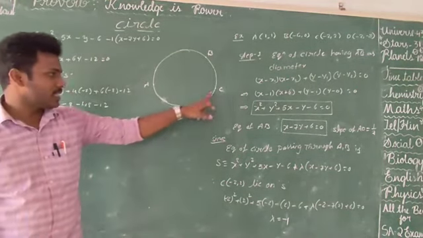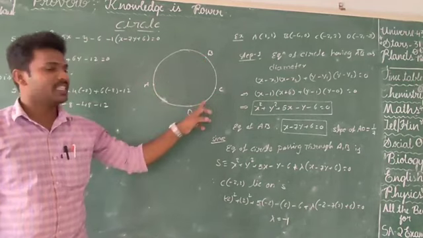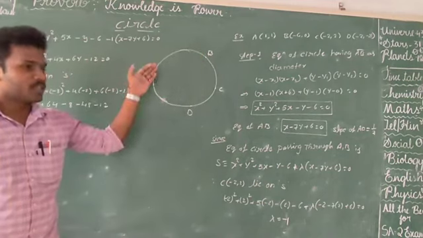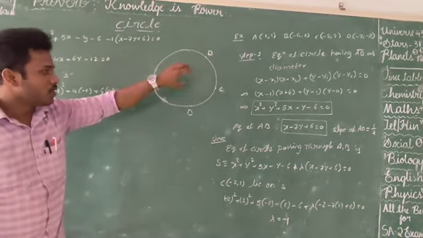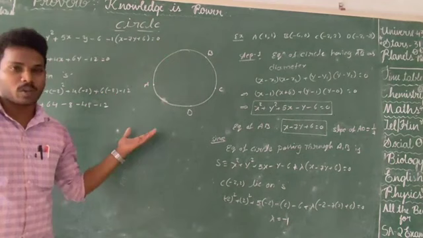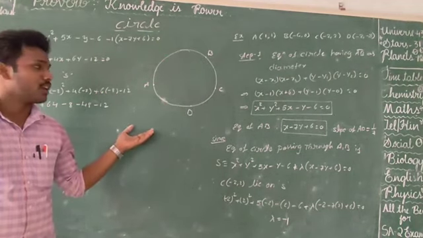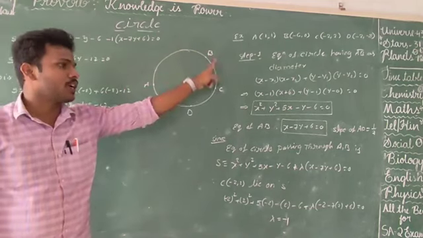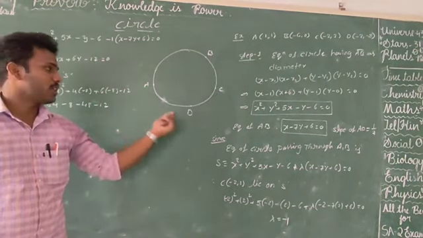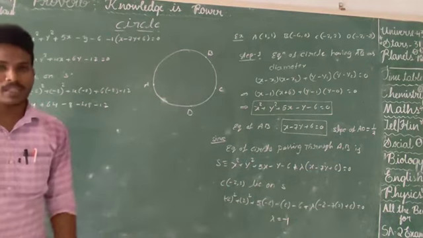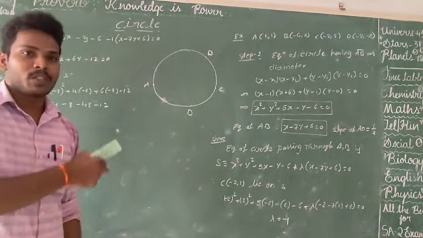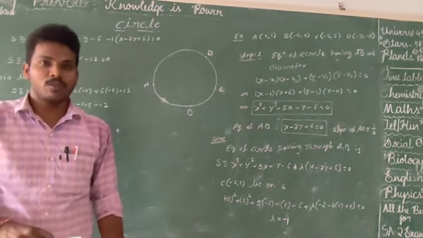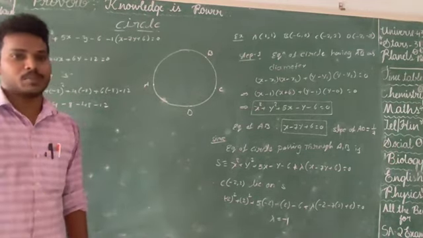So A, D, C, or A, B, C, or B, C, D, any 3 as you wish. For non-collinear points, we already know one process, discussed in the previous class. You find the equation of the circle passing through three non-collinear points. After that, substitute the fourth point. If it becomes 0, then the point is also on the circle. That's why the 4 points are concyclic points. That's one of the ways, by using the three non-collinear points concept.